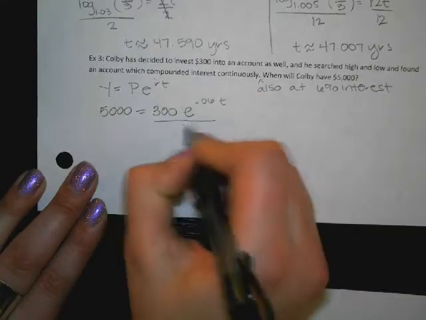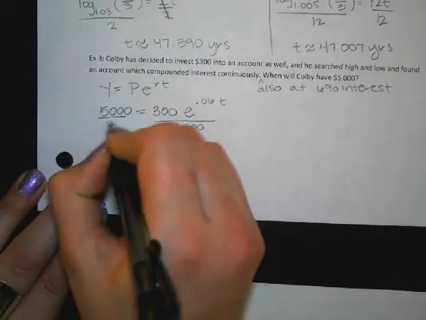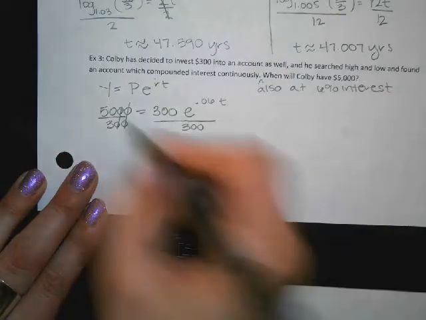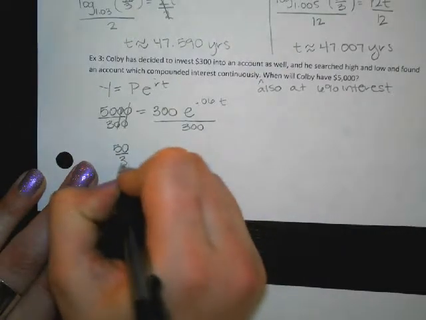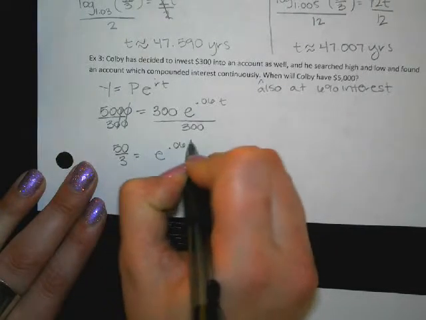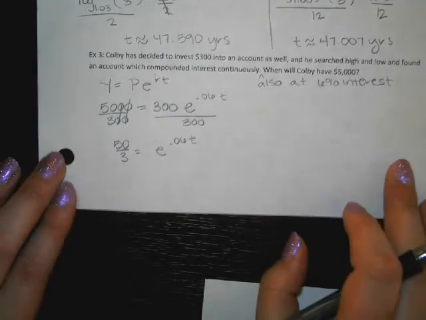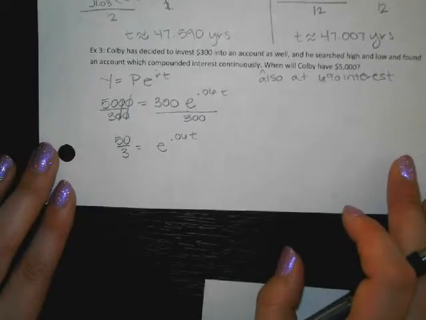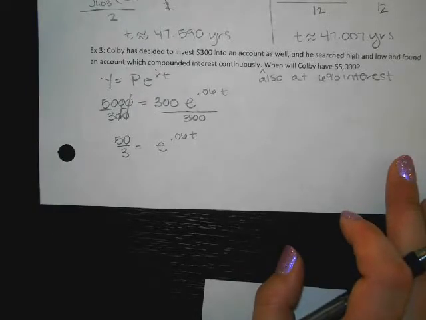Divide by 300. Divide by 10, divide by 10. So we have 50 over 3 again equals e to the 0.06t. So this one, again, we're in exponential form.